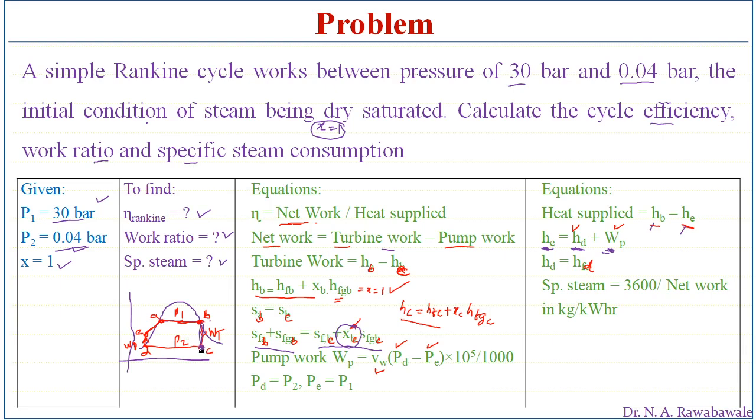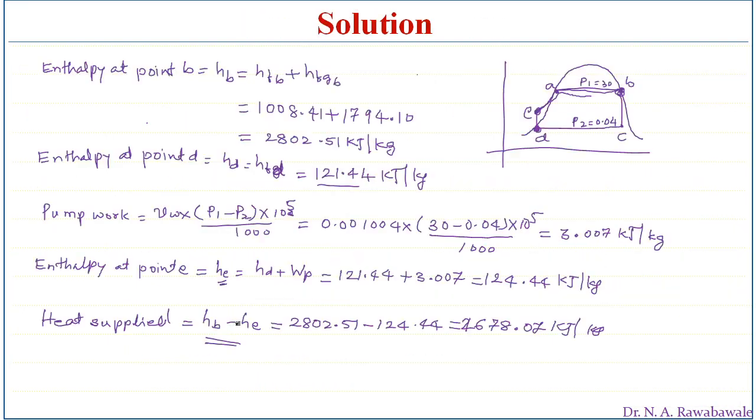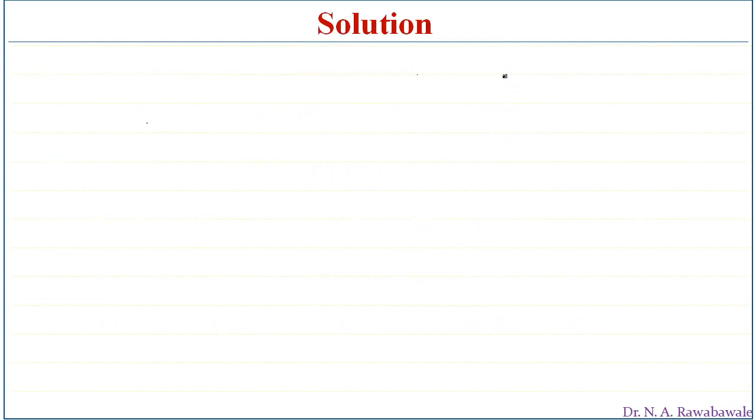To find out dryness fraction at point C, we must equate entropy at point B to entropy at point C. So here, once again, I will draw the diagram, with points A, B, C, D and E, the PS diagram. Now entropy at point B is equal to entropy at point C.